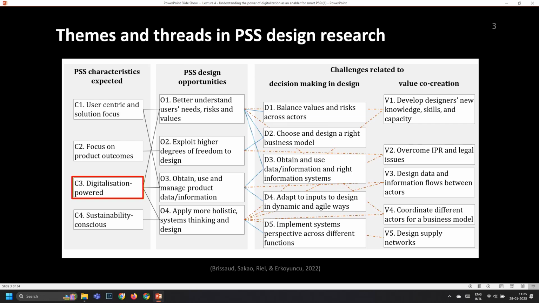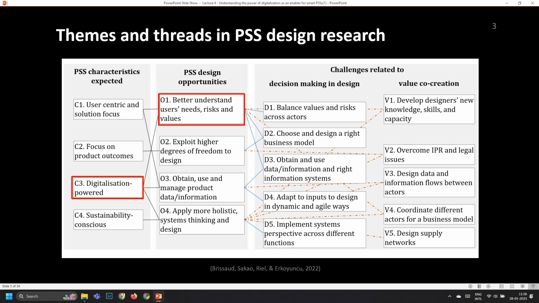So we do recognize digitalization is one important aspect for why PSS are demanded and expected. That's highlighted here, and because of that we see different opportunities for PSS design.